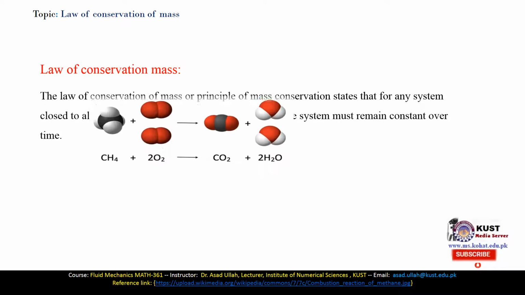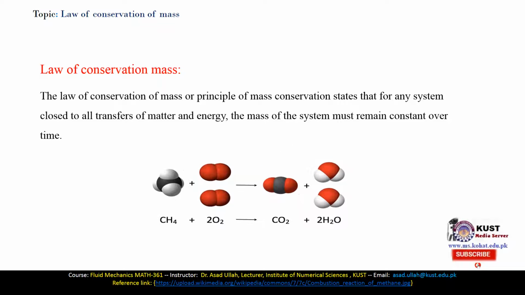I am explaining this law by considering the simple chemical reaction of methane with oxygen. When methane reacts with oxygen, we get carbon dioxide and 2 molecules of water. In the reactants, there is 1 carbon and 4 hydrogen atoms, along with 4 oxygen atoms.